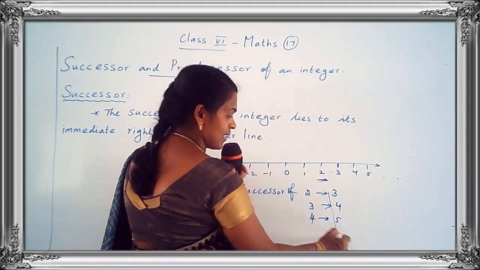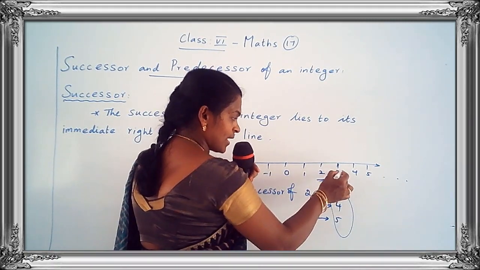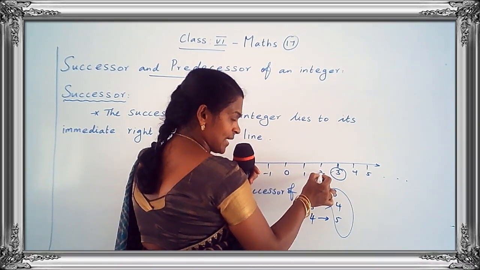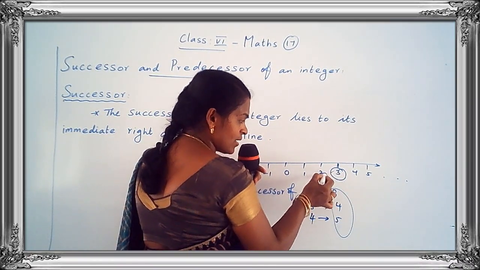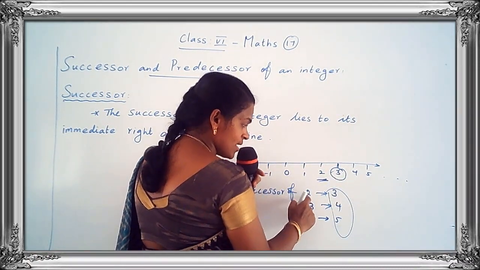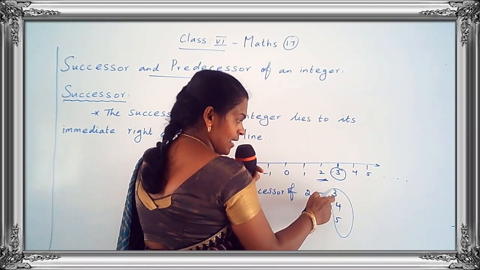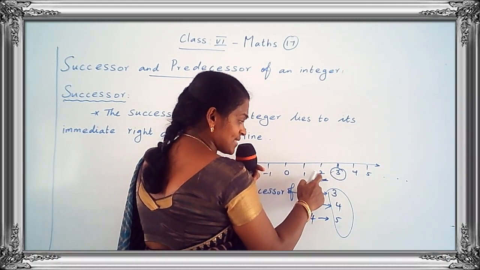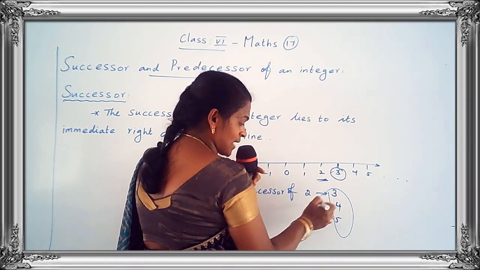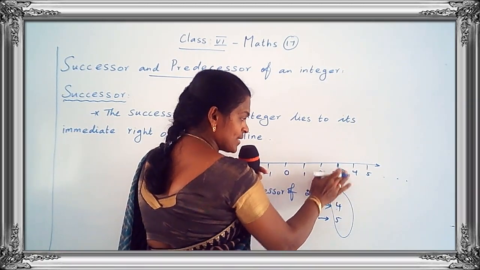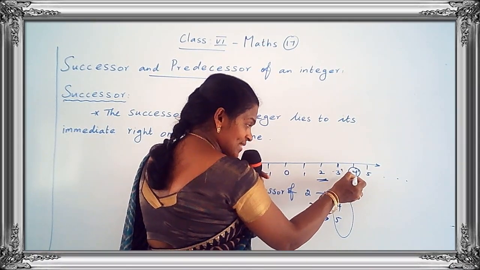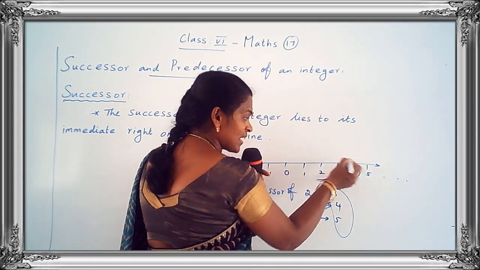You see here, 3 lies on the right side of 2. Where is 3 with respect to 2? On the right side of 2? Yes, so that's why successor of 2 is 3. Now you see here, successor of 3 is 4, because 4 lies on the right side of 3.